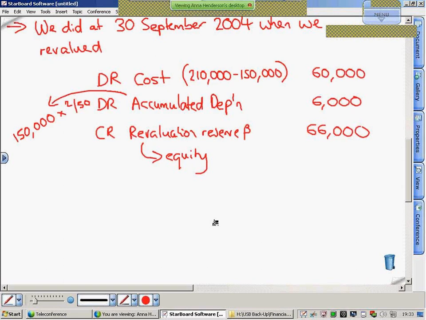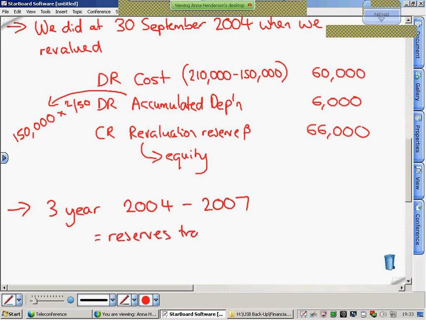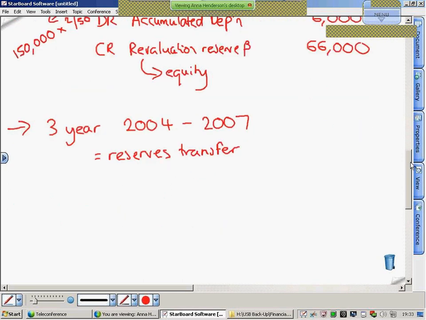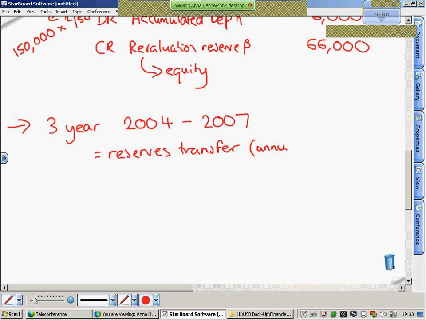And so for 3 years, 2004 to 2007, we're doing the reserve transfer. It's an annual transfer. Looking at what would have been depreciation, the revaluation.